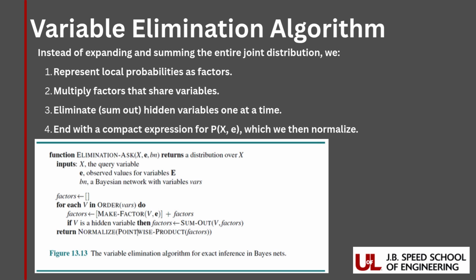And so the efficiency lies in that they are going to represent local probabilities as factors, and they're going to multiply factors that share variables, and we're eliminating hidden variables one at a time. And then there's going to be a compact expression for P of X that we normalize.